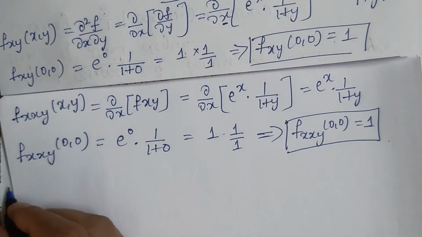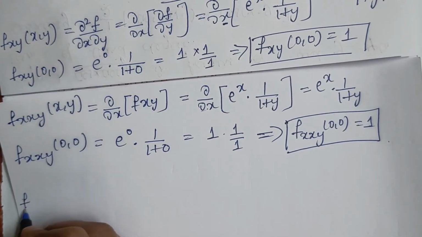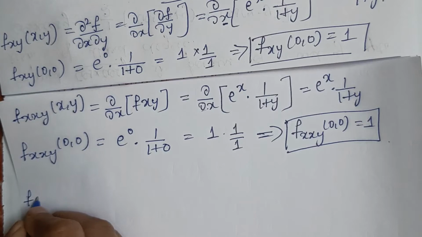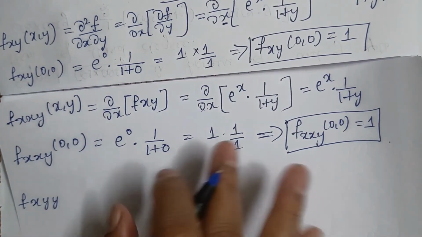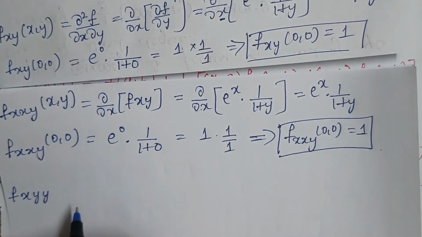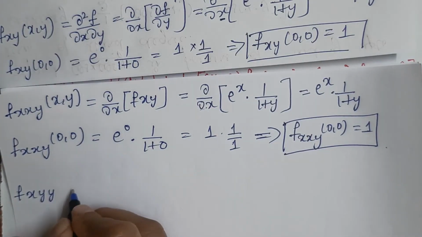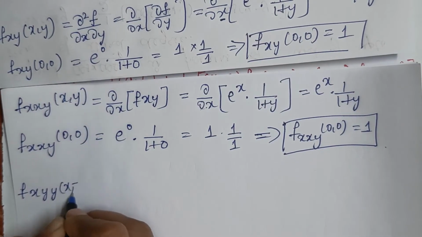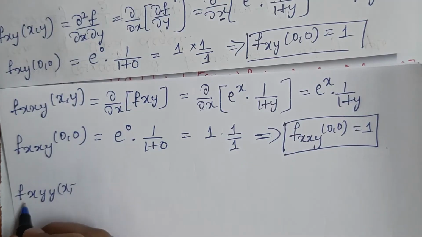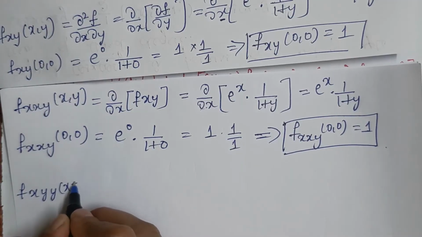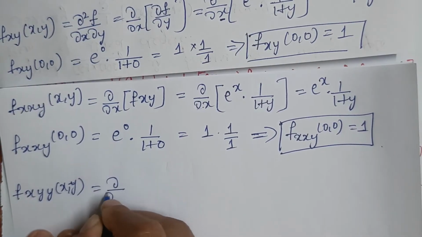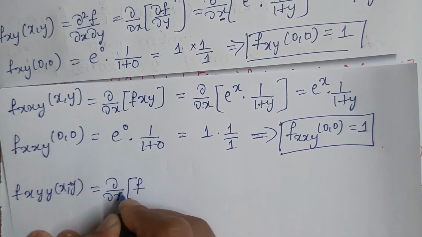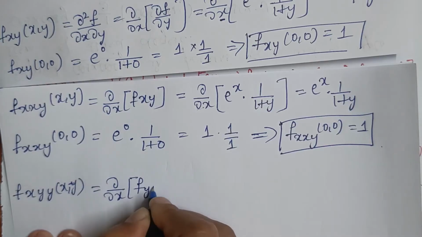Done. Now we will find f suffix xyy, right? We need this to substitute in the Taylor series expansion. That is f suffix xyy of x comma y, which is equal to dou by dou x of the function f suffix yy.